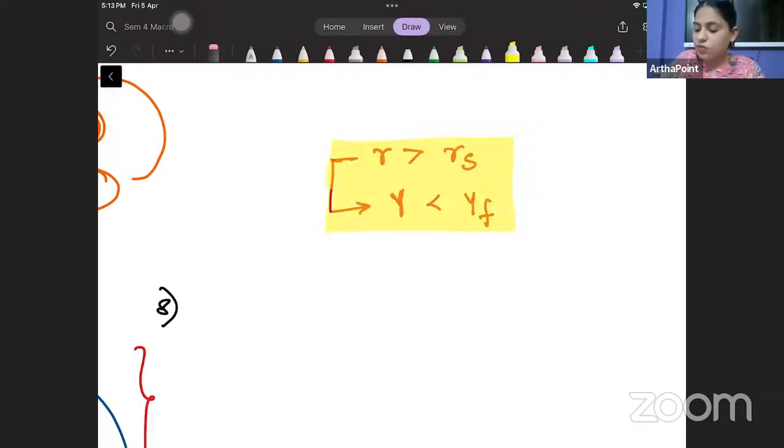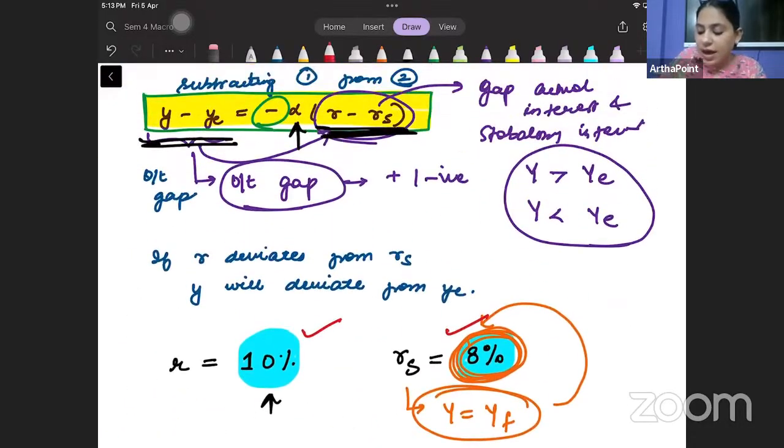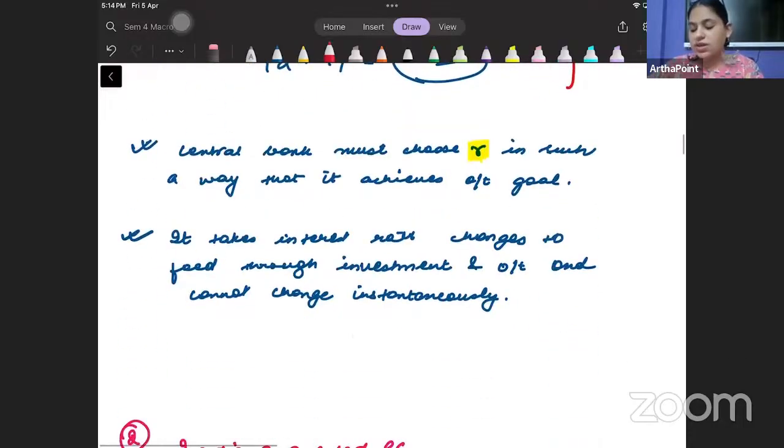This is what we have gone ahead and interpreted. Isn't it? तो ये हमारा ये इक्वेशन बता रहा है that the output gap is inversely related to the interest rate gap. Output gap is inversely related to the interest rate gap. Clear? Okay.